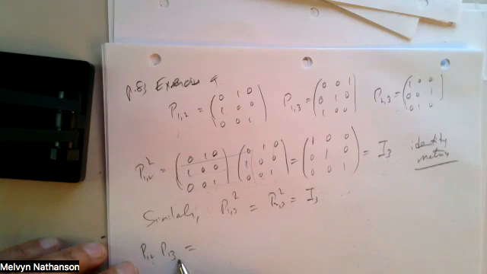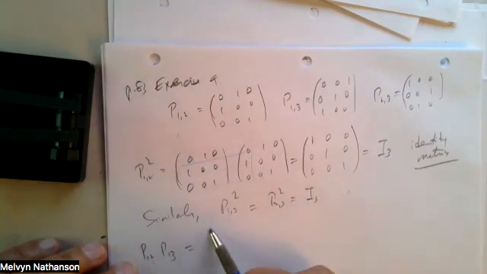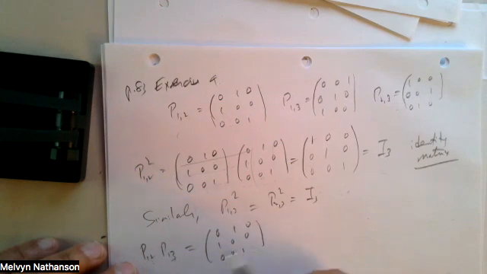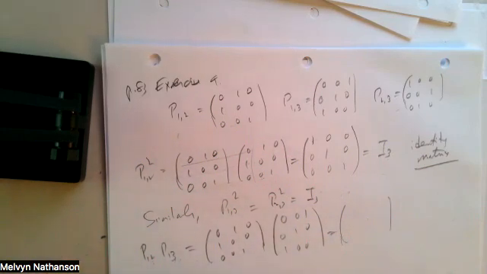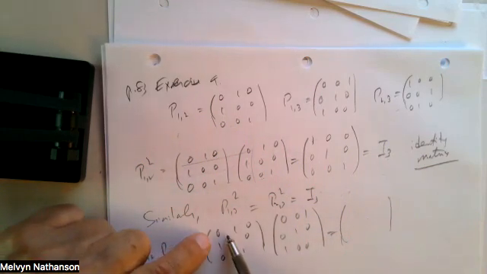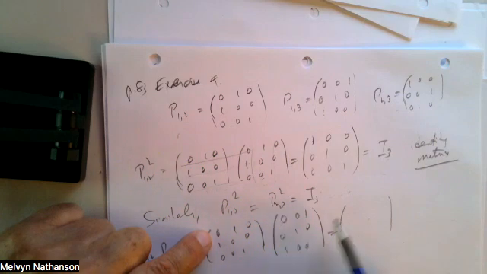So P12, P13, this is P12, P13 is this. So I'm multiplying 3 by 3 matrices. I get a 3 by 3 matrix. I multiply the first row into the first column, I get 0. First row into the second column is 1.